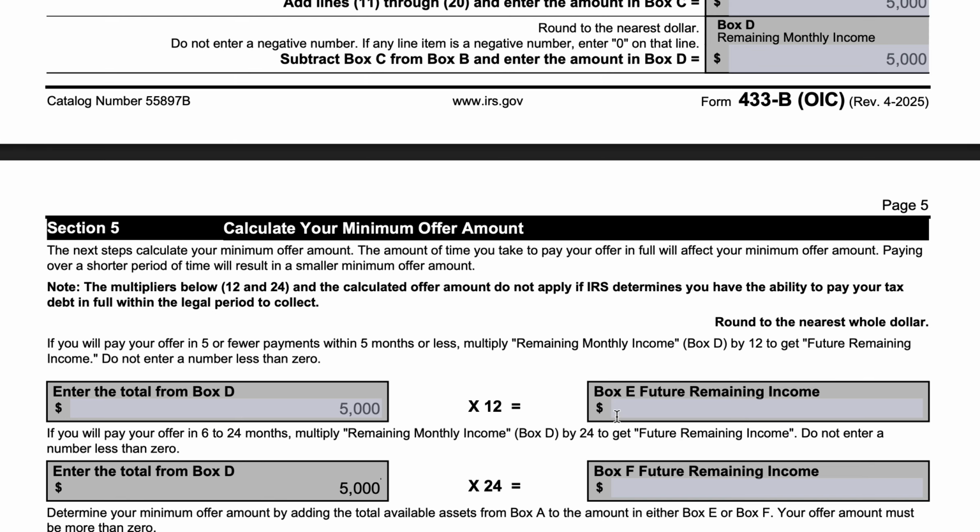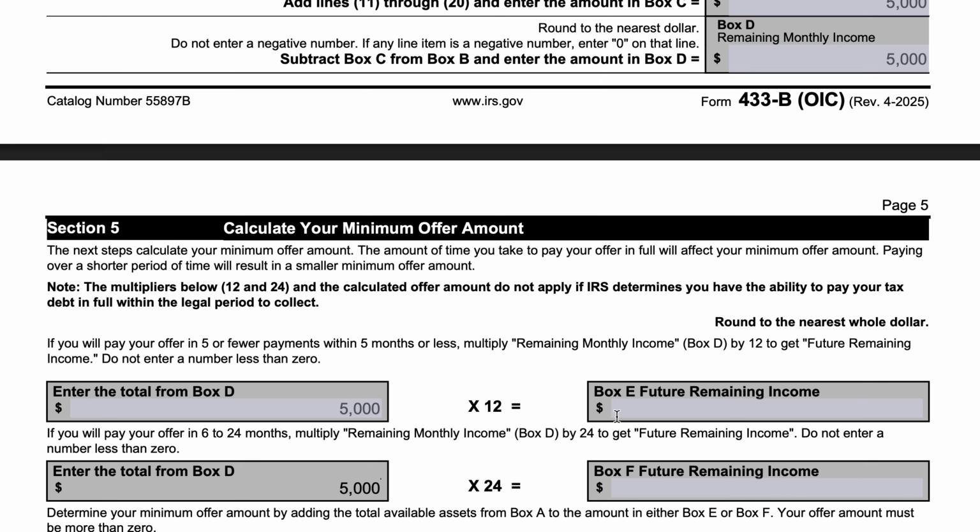So when calculating your minimum offer amount, the IRS is going to want you to take your available assets, and then they're also going to want to calculate the future estimated income that you have.